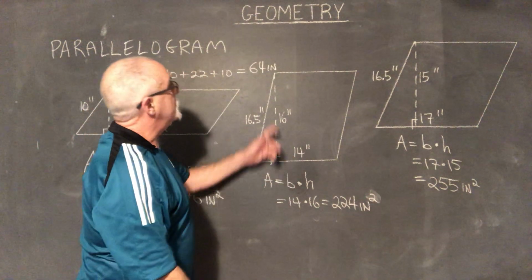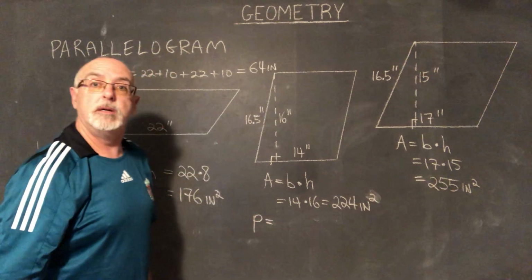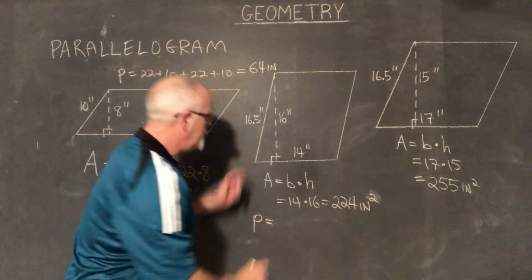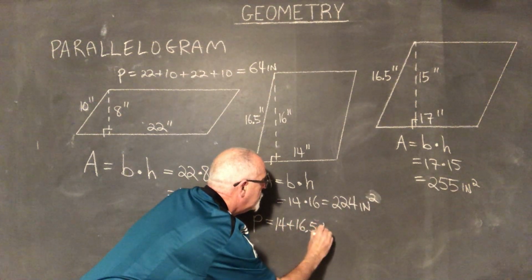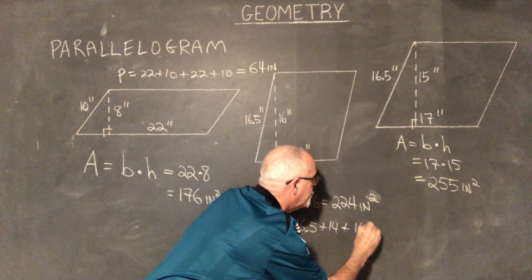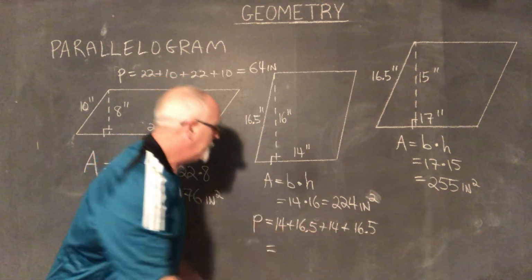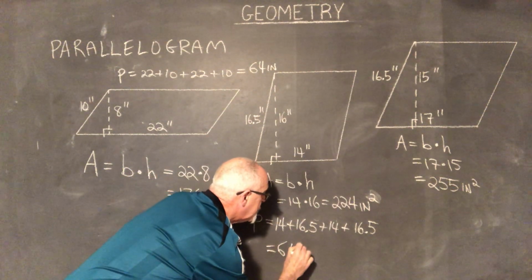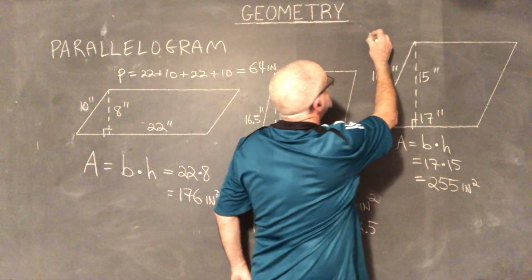This one, where will I do it? I'll do it down here. Perimeter equals 14 plus 16.5 plus 14 plus 16.5, which is going to be 61 inches. And then this one, I can do it up here again.